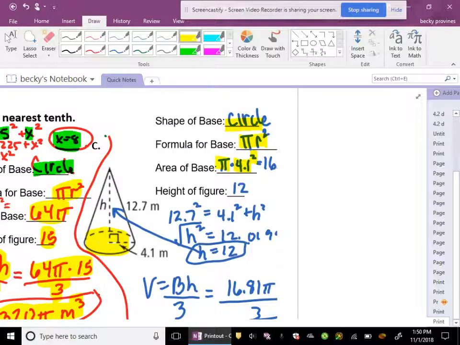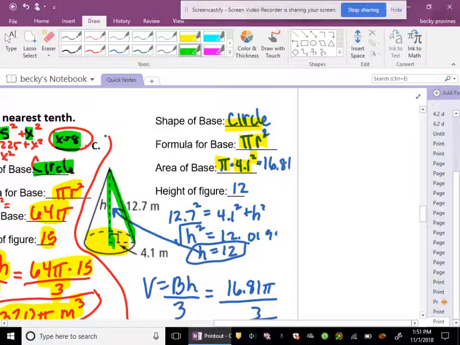One second. 4.1 squared. Yeah, this number got cut off. This is 16.81. Now my height of the figure, again, it's not the slant height, it's the regular height, is not given.